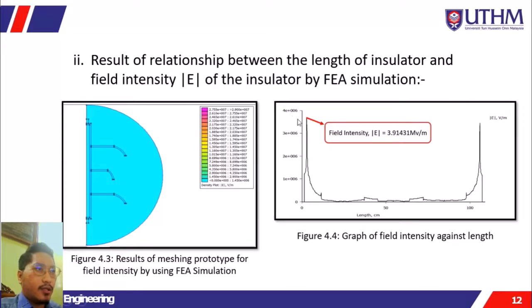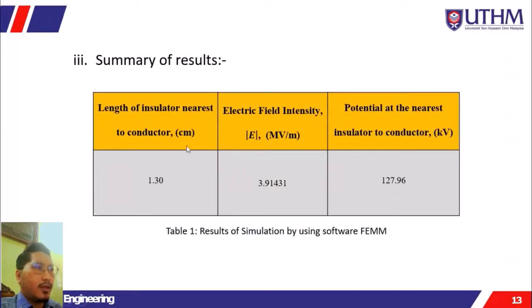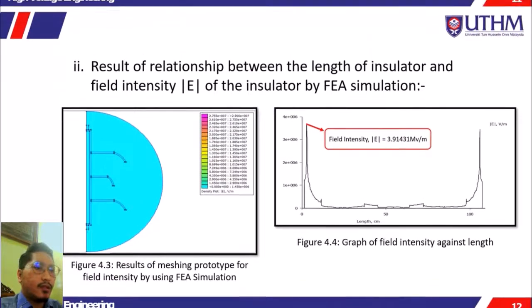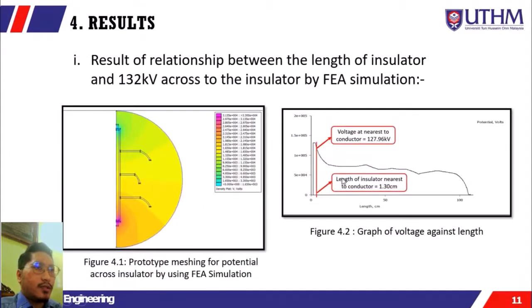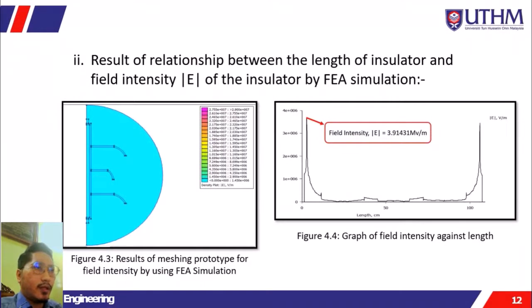As we can see from this graph, the maximum field intensity is 3.91431 megavolt per meter, which is the highest field intensity, and the length is 1.30 centimeter, which is the nearest length of the insulator towards the conductor.